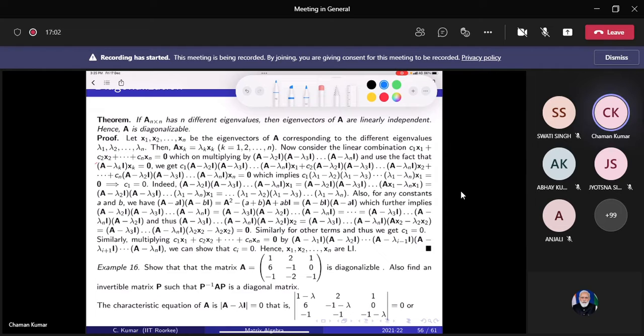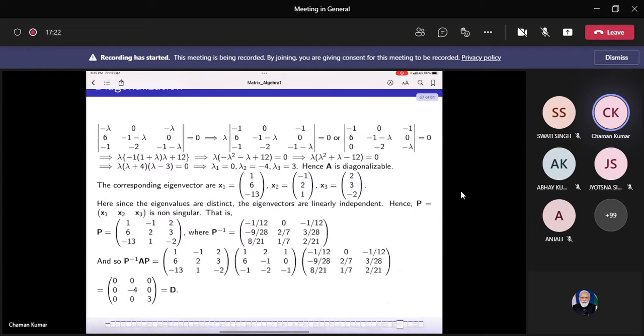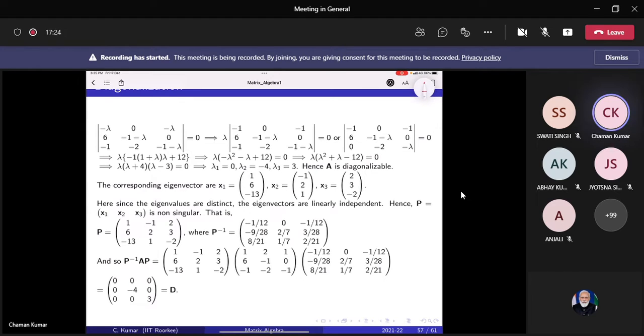Okay, so now we go to this example 16. This says that the matrix A is diagonalizable. So what will you do first? You will calculate the eigenvalues. You know how to calculate eigenvalues now. When you calculate the eigenvalues, they come out to be: first eigenvalue is 0, second eigenvalue is -4, and third one is 3.